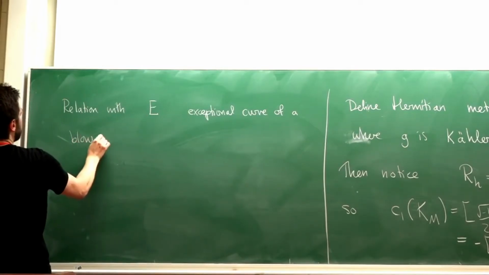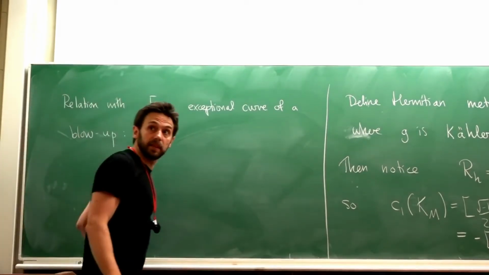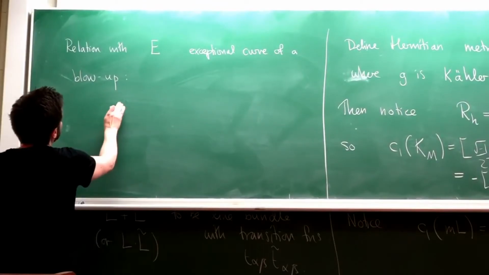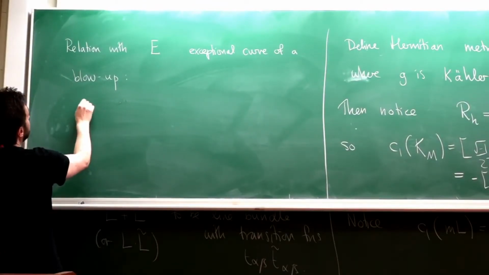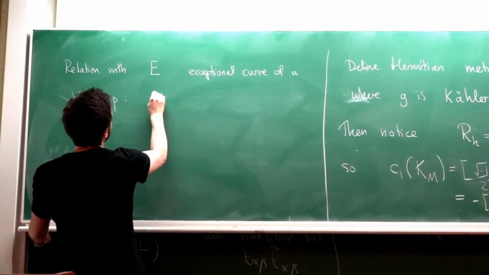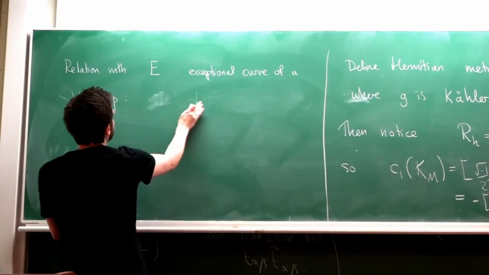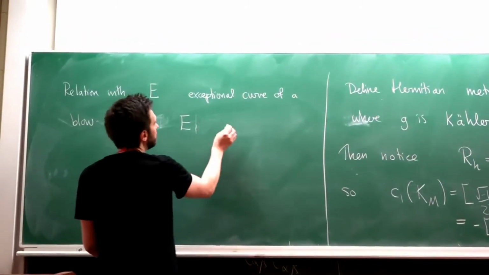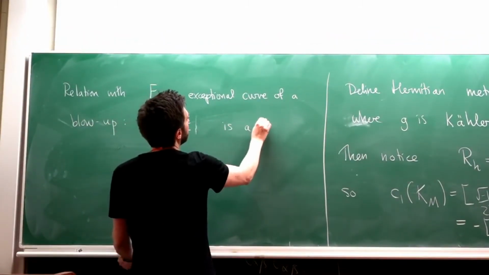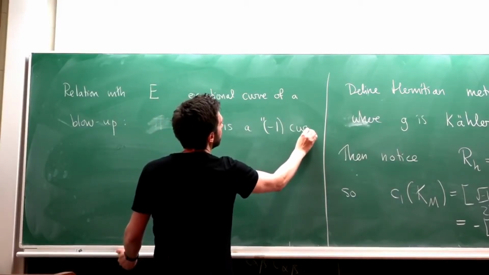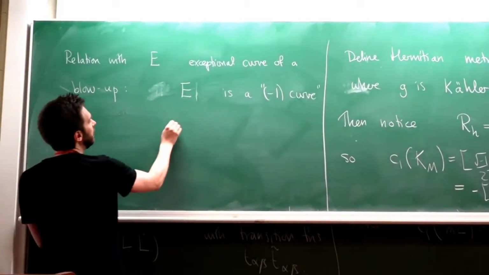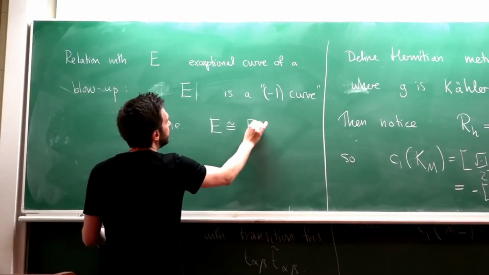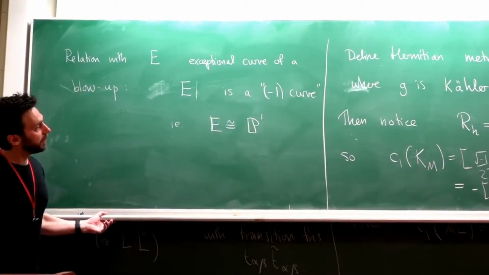Well, it turns out that E is what's called a -1 curve, which means that E, which we know is a smooth curve, biholomorphic to P1.